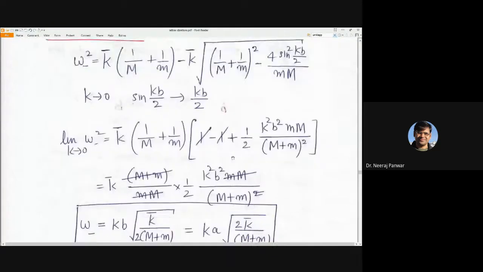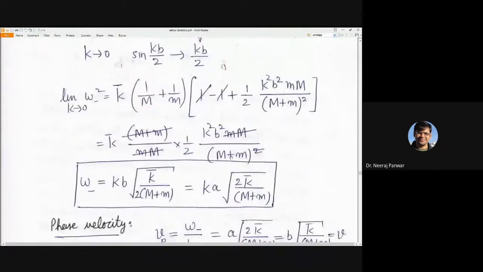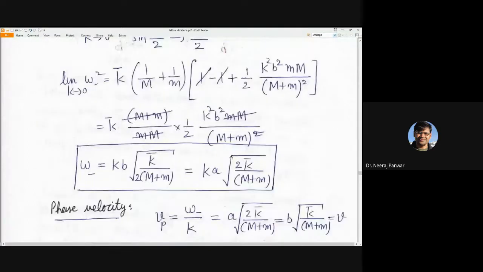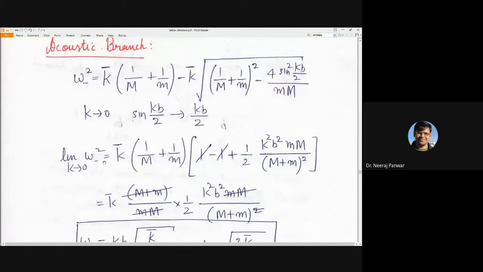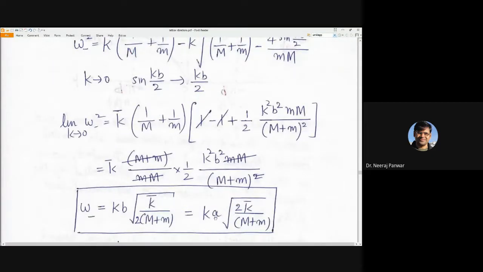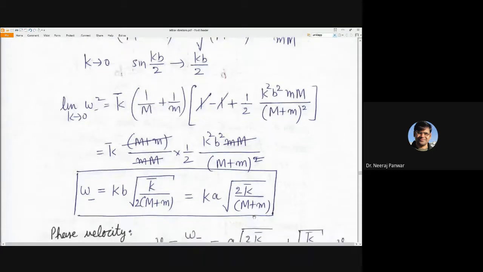So then we calculated the frequencies corresponding to the optical branch and the acoustic branch, and the frequency for the acoustic branch is given by this relation. And if we are interested in the frequency versus wave vector relation near k equal to 0, meaning at the center of the zone, then we will get the frequency as Ka times square root of 2k bar divided by (M plus m).